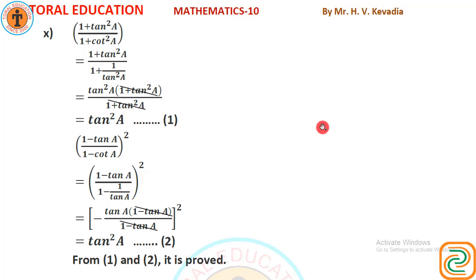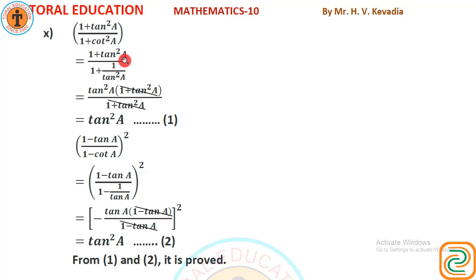Now question number 10 and the final of this exercise. 1 plus tan square A. Right? Here I have not taken LHS, RHS equals, because there are 3 terms and there are 2 equals signs in between. 1 plus tan square A upon 1 plus cot square A. We can convert cot into tan or tan into cot, but I have converted cot into tan.